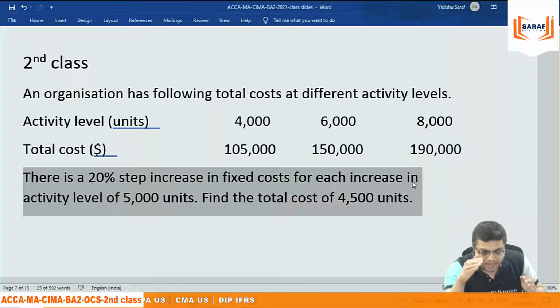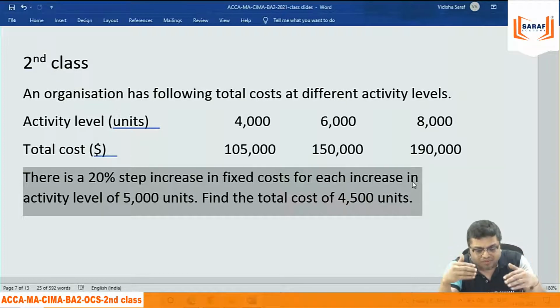If one student is taught, 10,000 variable cost in Saraf Academy; 2 students, 20,000 is the variable cost. Every additional student will have an additional variable cost. So 4,000 to 6,000, 2,000 units, the additional variable cost, 1,05,000 to 1,50,000, is 45,000. So per unit is 45,000 by 2,000, which will be coming 22.5.